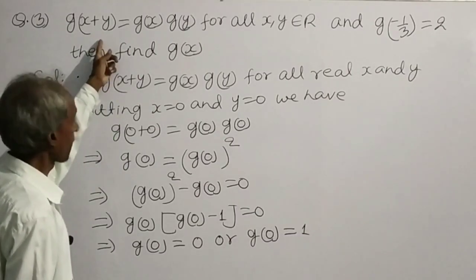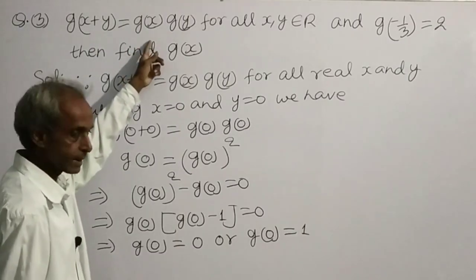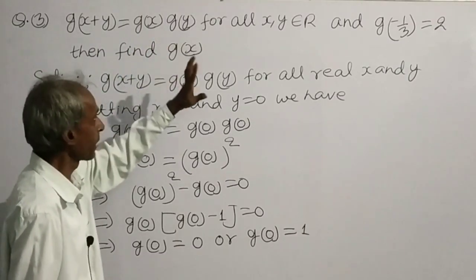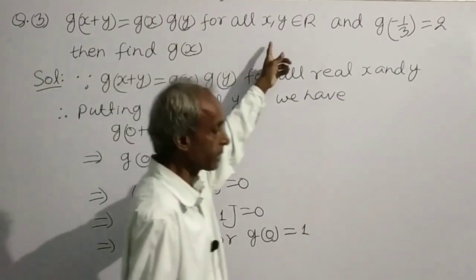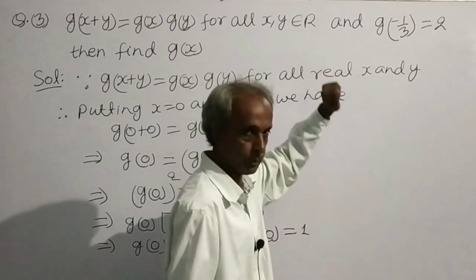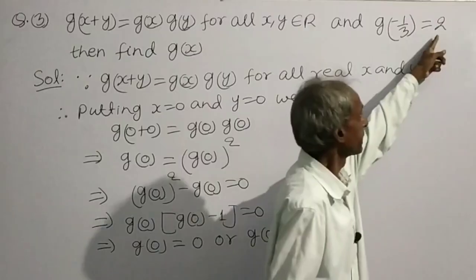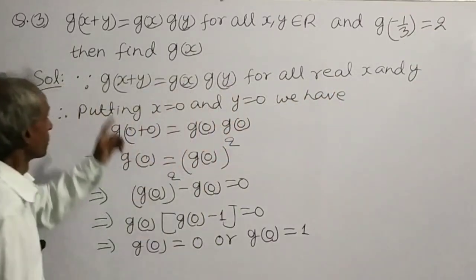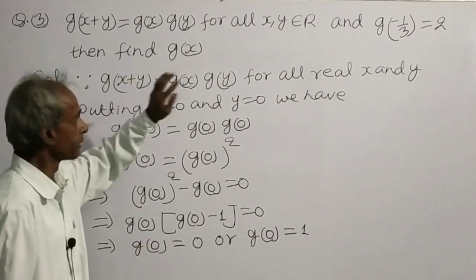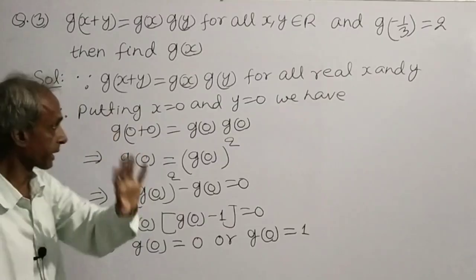g(x+y) is equal to g(x) times g(y) for all real values of x and y, and g(-1/3) is equal to 2. We have to find the function g(x).